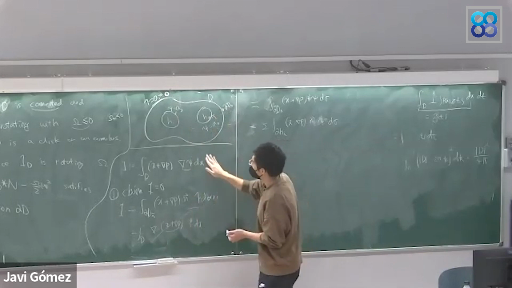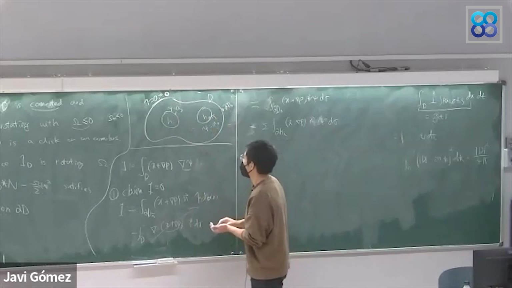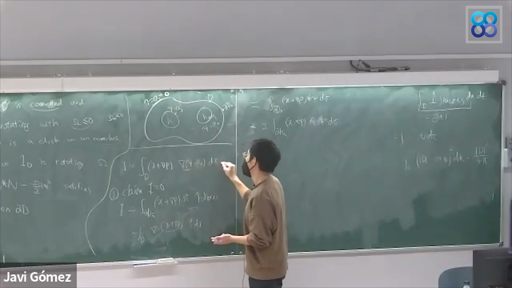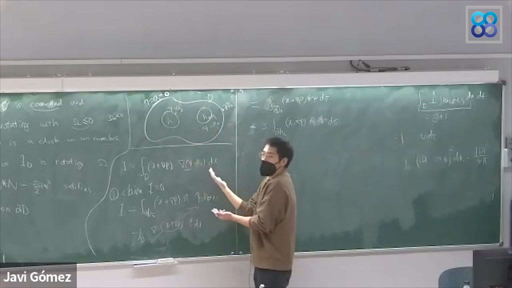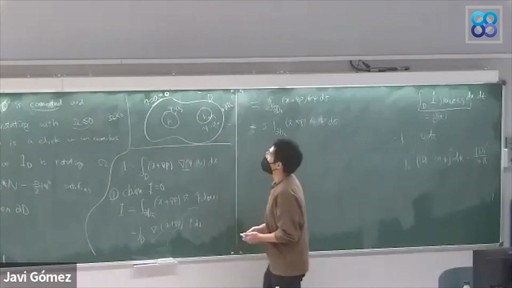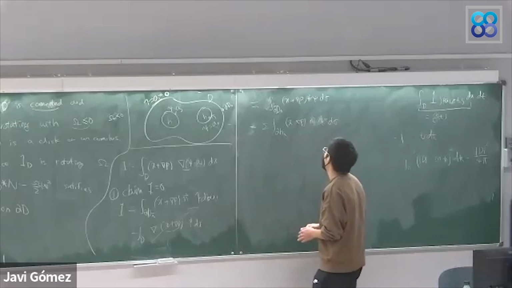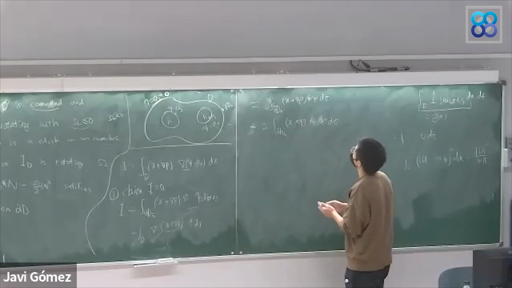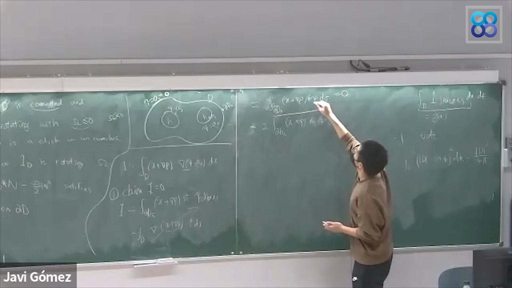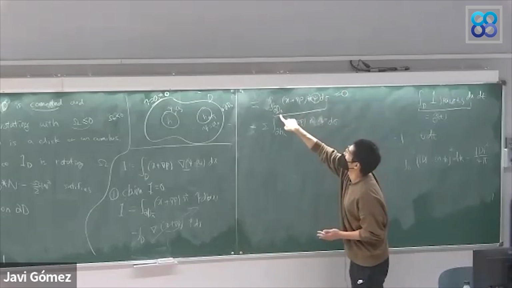We can simply replace psi by psi minus a1. When you take the gradient, the a1 vanishes. So let's suppose the outermost boundary value of psi is 0. That means this guy is 0, right? Because psi is 0 on the outermost boundary.